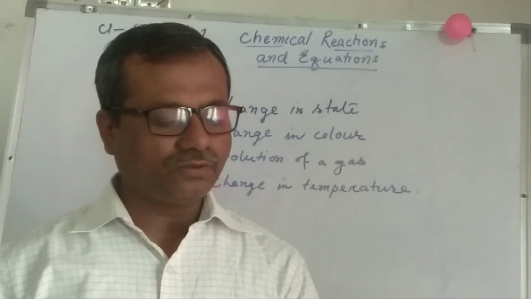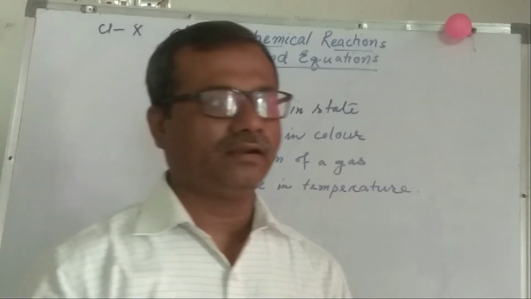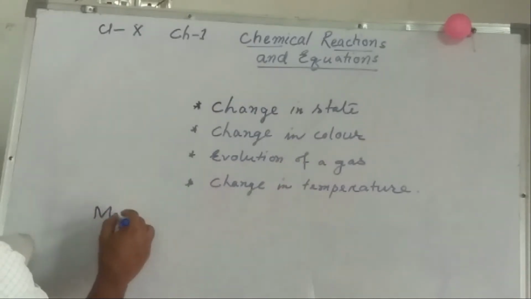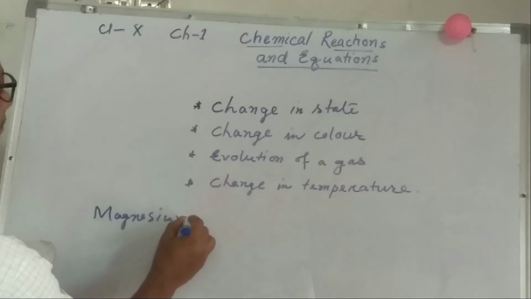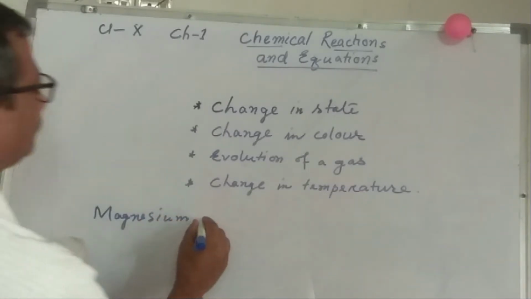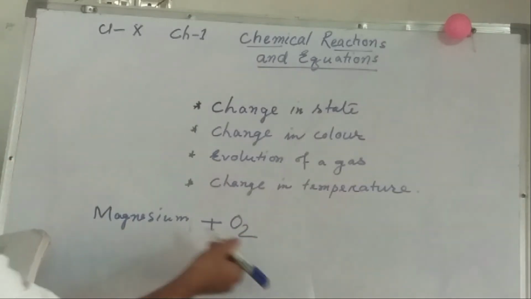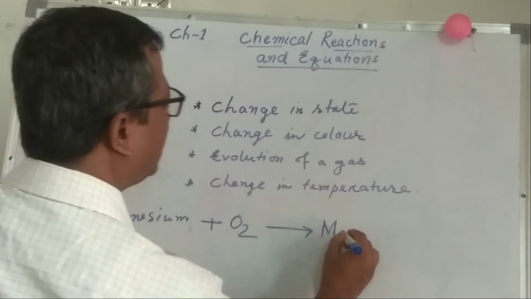It is formed due to the reaction between magnesium and oxygen present in the air. Now, when magnesium and oxygen in the air react, it produces magnesium oxide.